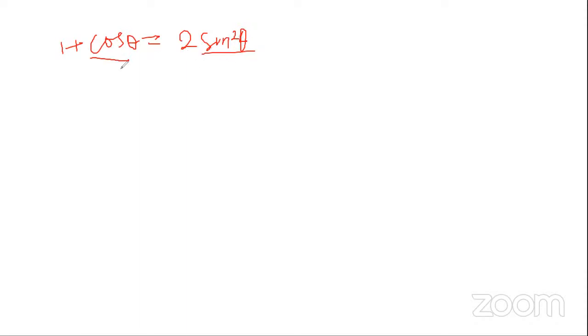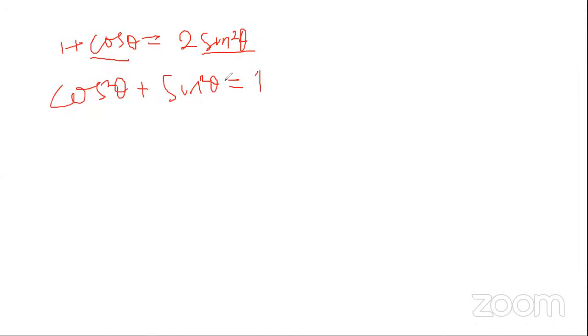So what we are going to do is to convert this sine into cos, because we can easily convert it using cos squared plus sine squared is equal to 1.